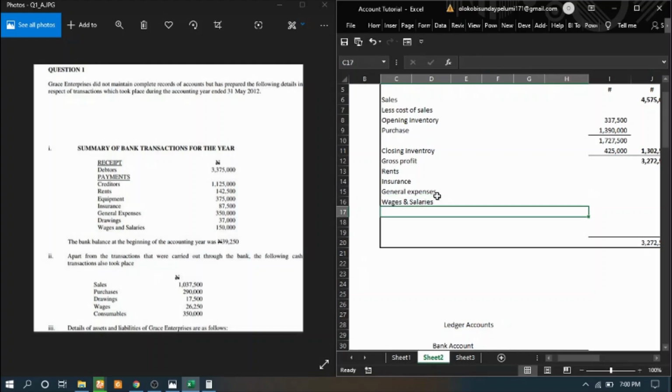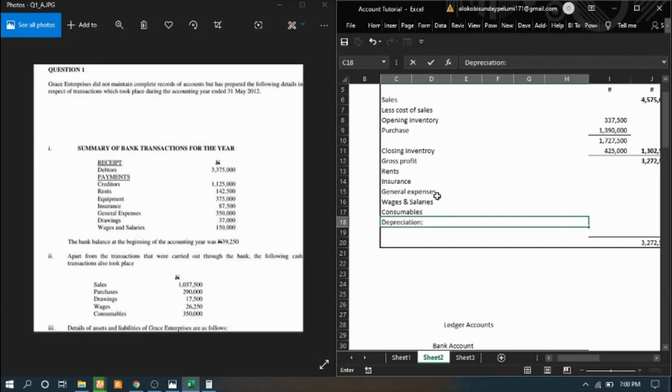Just don't mind my spellings. Alright, so we have consumables, and that will come here. Now depreciation. Let us not forget depreciation for the period.